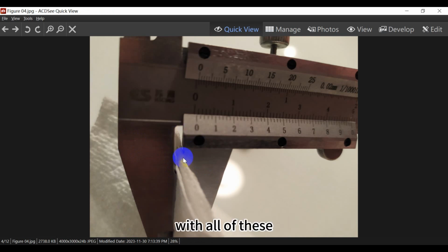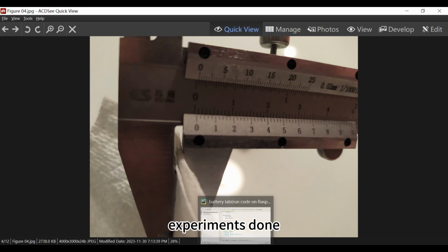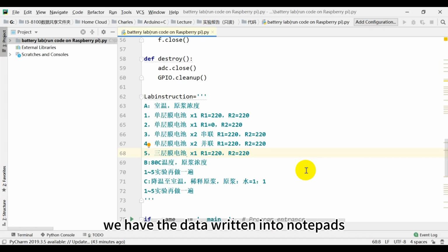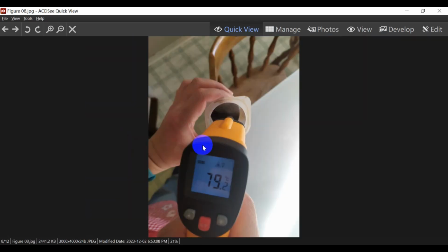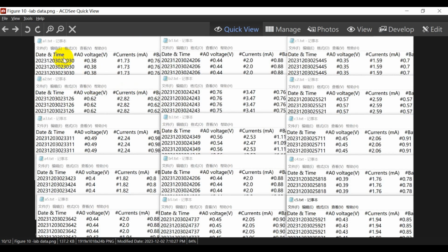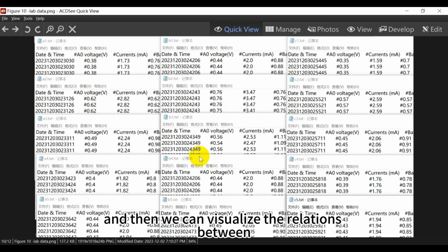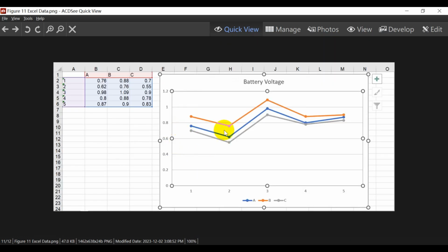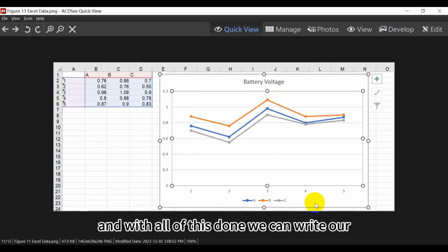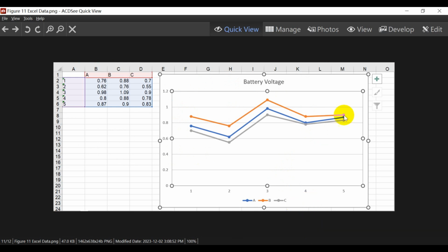And with all of these experiments done, we have the data written into notepads, which is like this, one for each different experiment. And then we can visualize the relations between each data point by graphing it. And with all of this done, we can write our report.